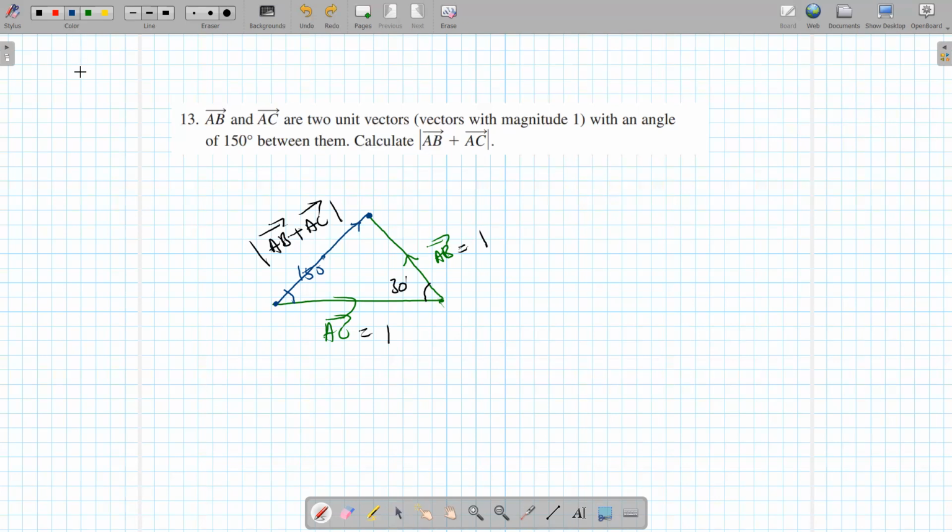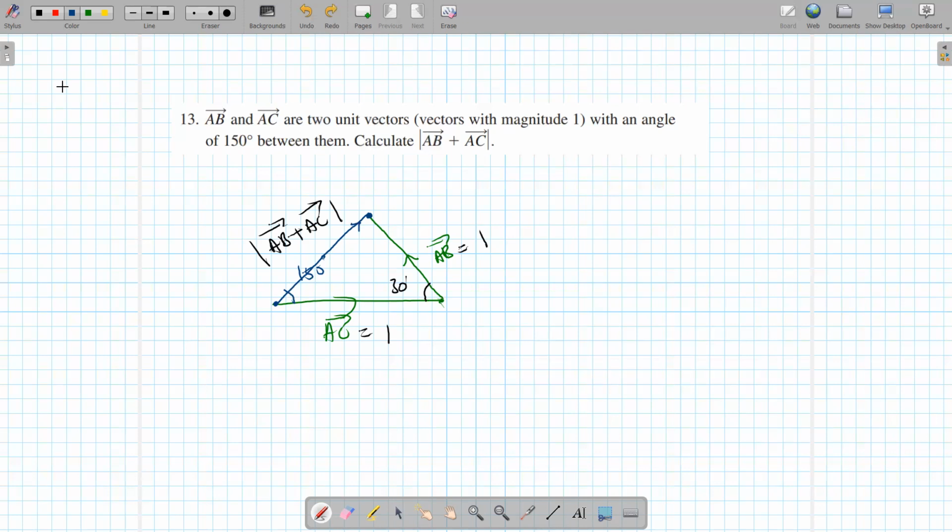What do we do then? In a triangle, when you can't use Pythagoras theorem, you've got to use something else. You're going to use the sine law or the cosine law, depending on the problem.